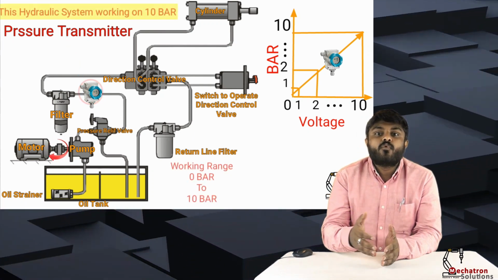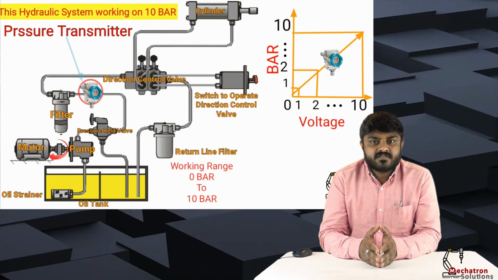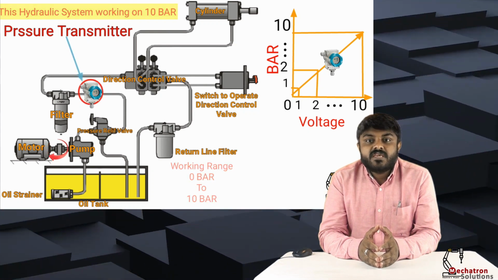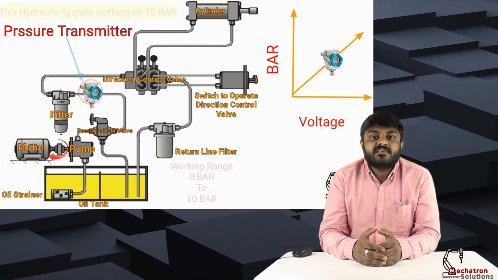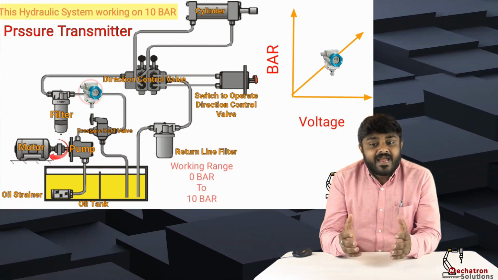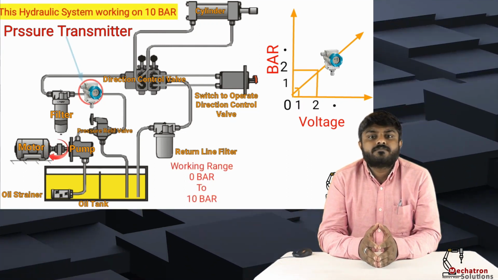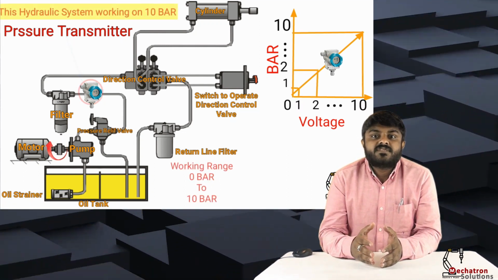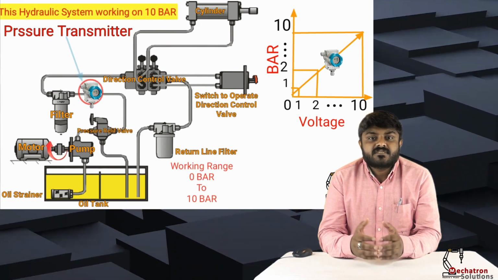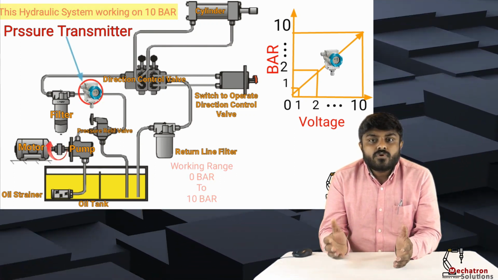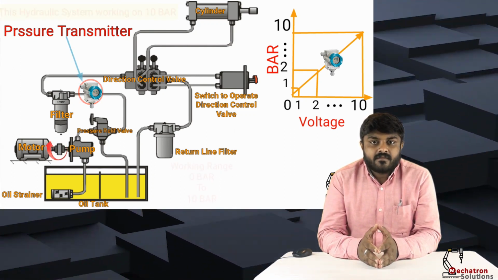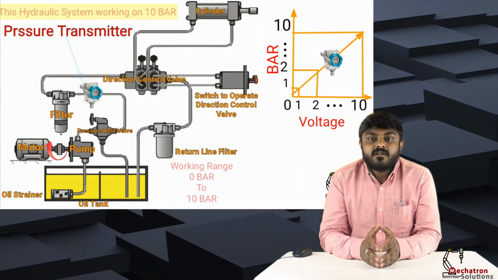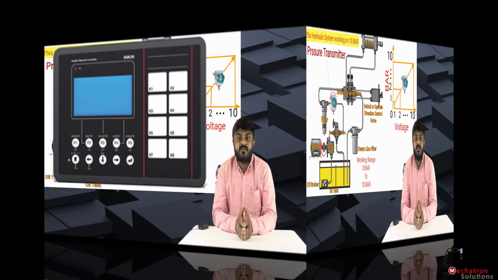Due to this linear relationship between voltage and pressure, we can get the precise pressure at any time. In this example, 0 to 10 volt DC is scaled to the 0 to 10 bar pressure range, and this scaling is done in PLC programming.